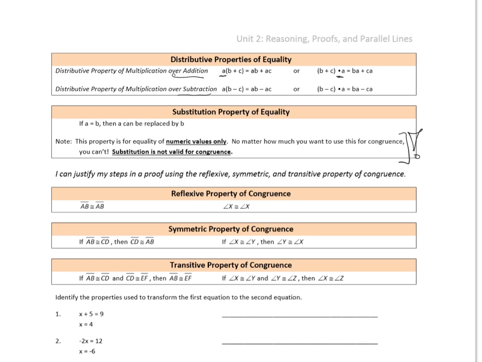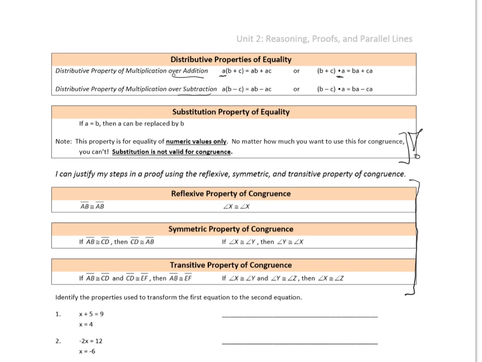Well, three of these concepts repeat themselves as properties of congruence: reflexive, symmetric, and transitive. And basically, we can only ever use all of the previous properties when we're dealing with an equal sign. And remember, we only deal with equal signs when we're dealing with actual values.